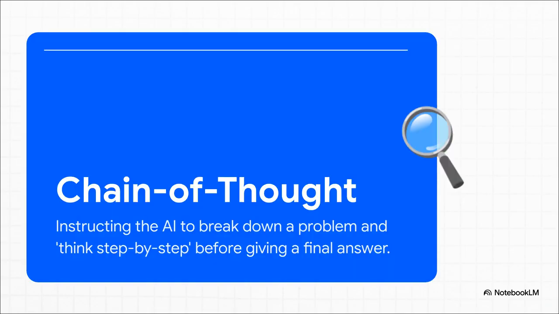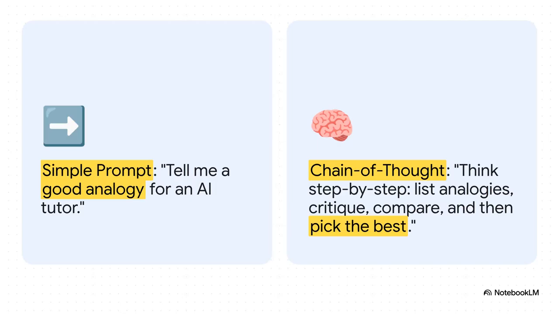Now, if you want to get even better, more reliable answers, you can use a technique called chain of thought prompting. This is where you don't just ask for the final answer. You actually tell the AI to think step by step and show you its work before it decides. Just look at the night and day difference this makes. A simple prompt gets you, well, a simple answer.